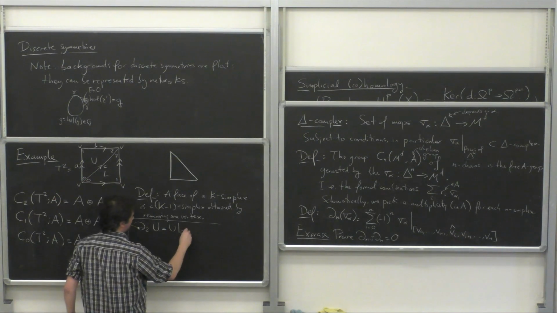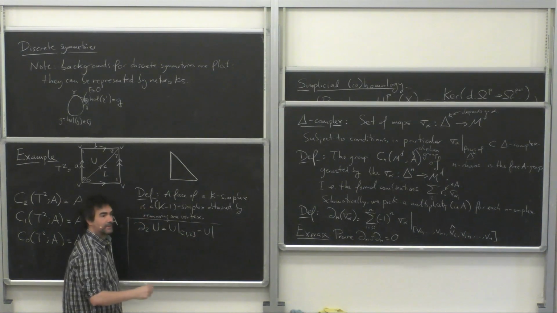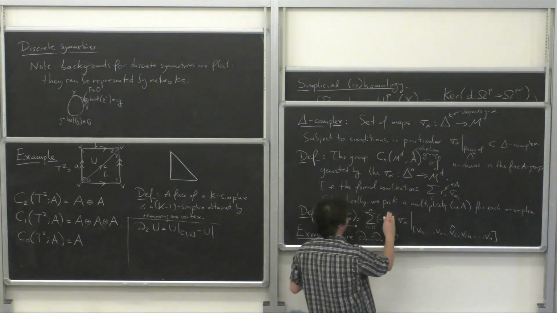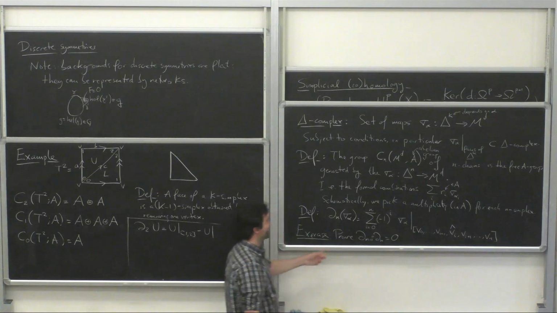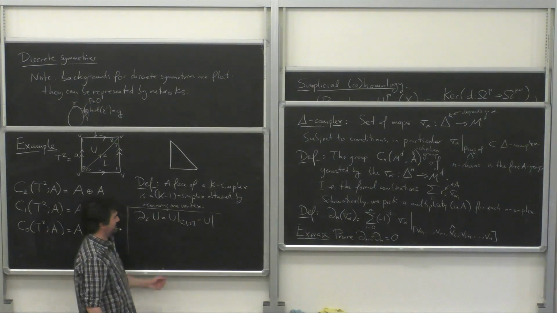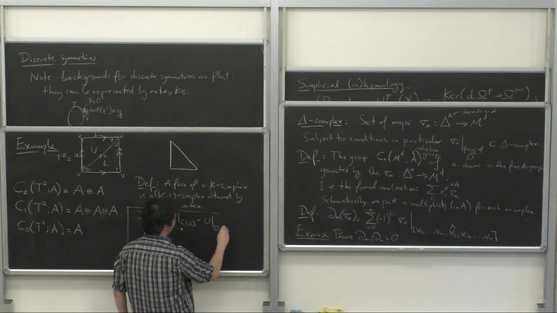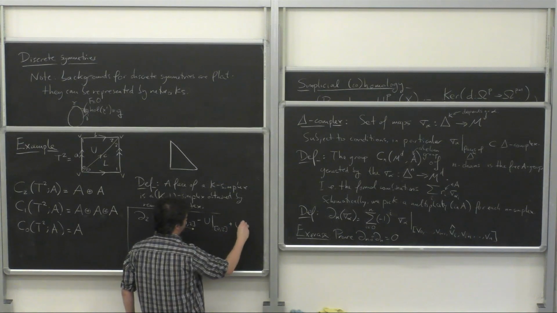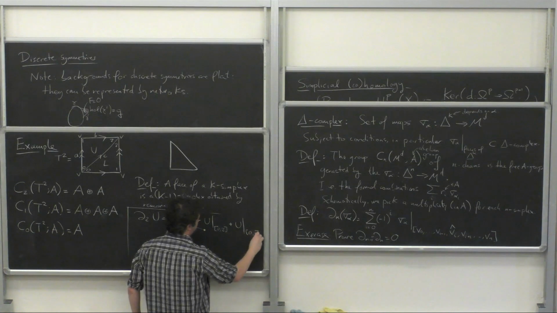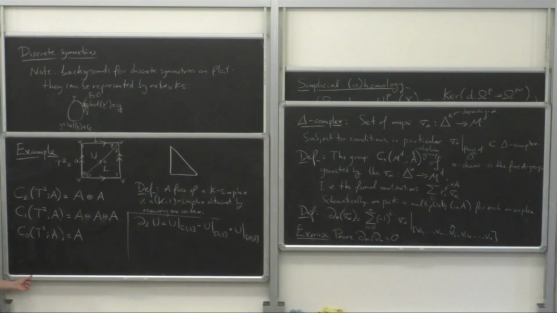So this is u restricted to 1, 2. Minus, yes, thank you, of course, with the right sign, u restricted to 0, 2, and then plus u restricted to 0, 1. That's the boundary of u.